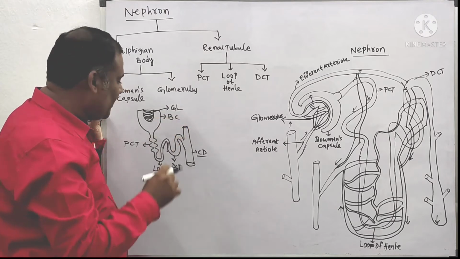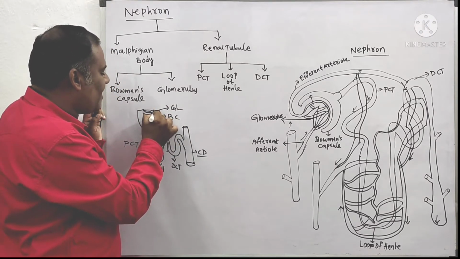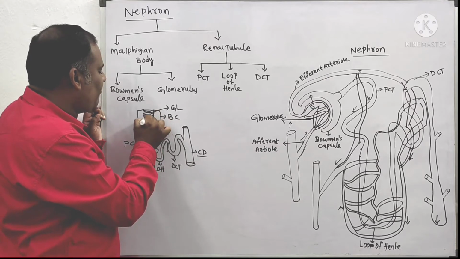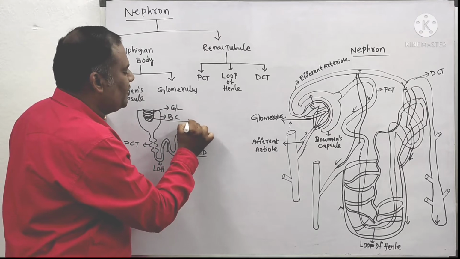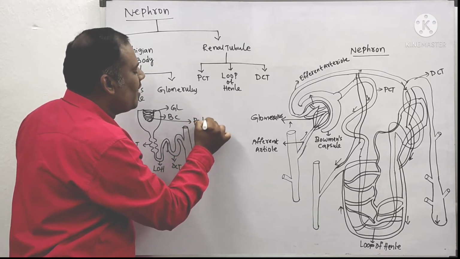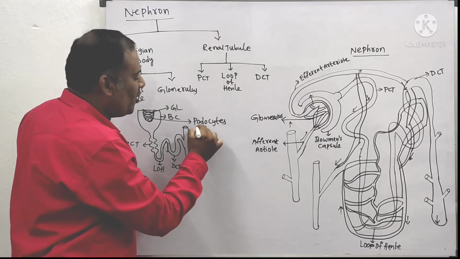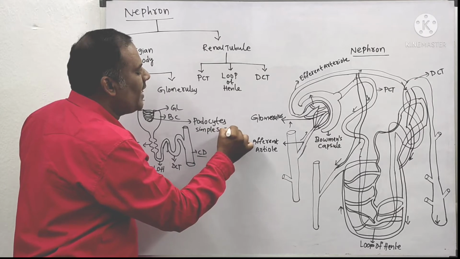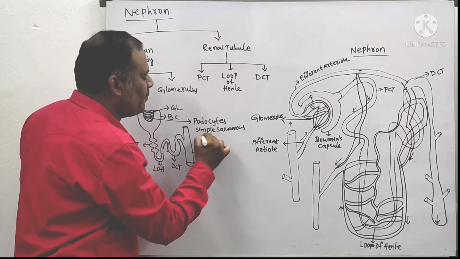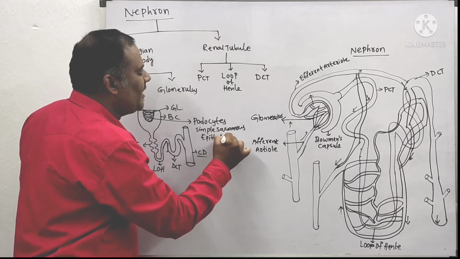So these are the overall parts of the nephron. Not only that, on the membranes of Bowman's capsule there is a fine network of simple capillaries, and cells are present. These are called podocytes. These podocytes are made up of simple squamous epithelial cells.